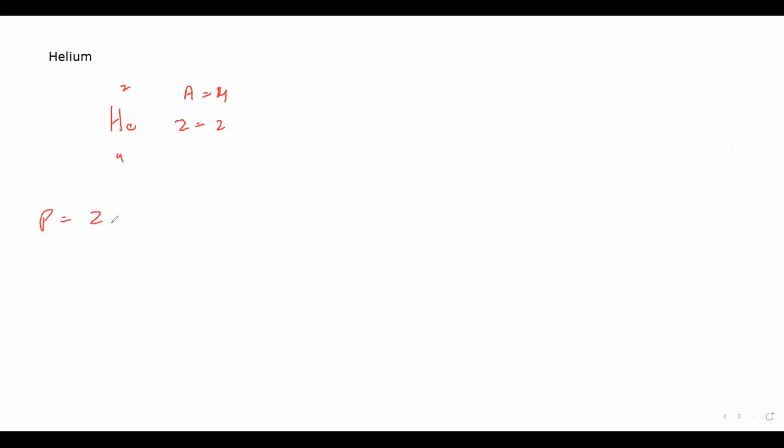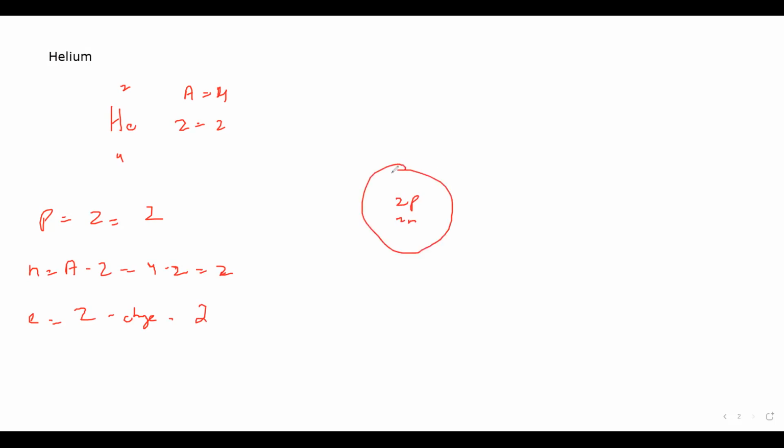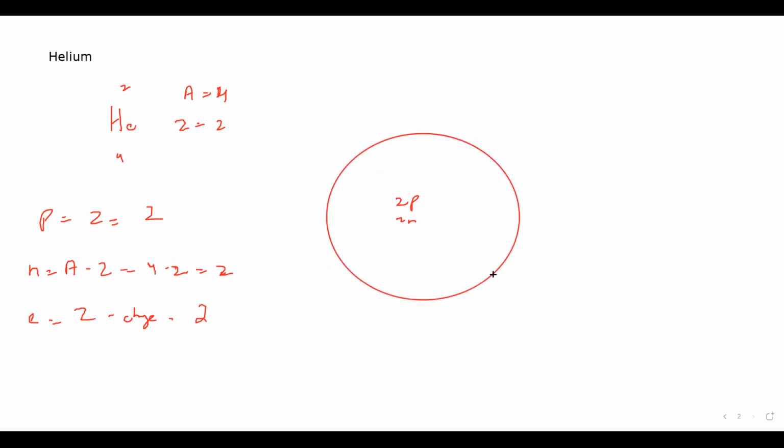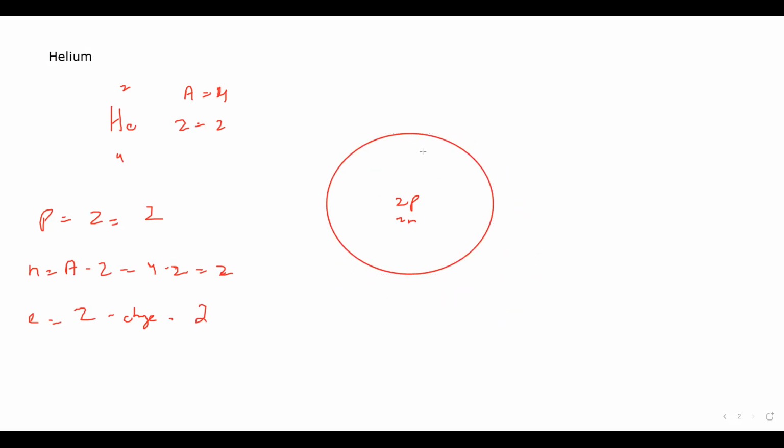Total number of protons is Z. Number of neutrons is A minus Z. And number of electrons is Z minus the charge. The charge is 0 here, so it is 2. So there are 2 protons, 2 neutrons, and when we draw the first shell, maximum we can arrange 2 electrons, so it has 2. So what should be the group number here?